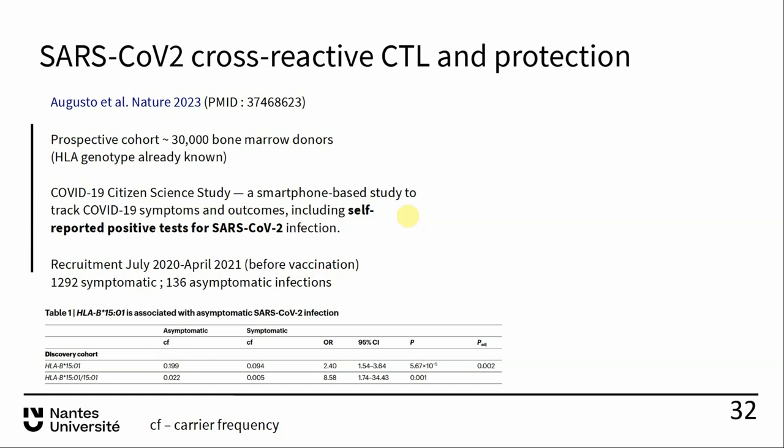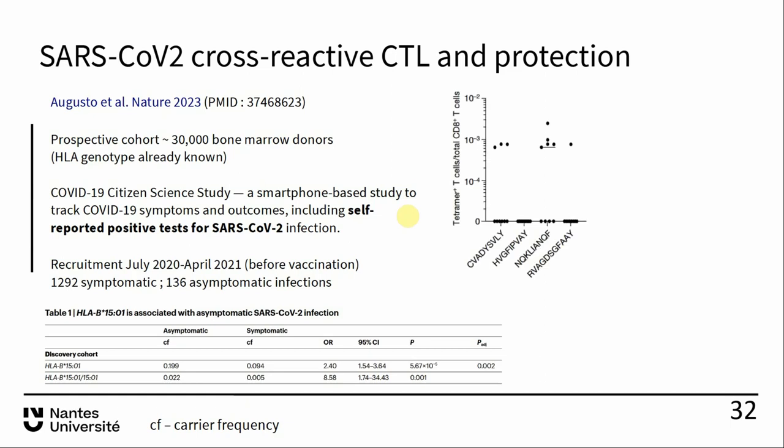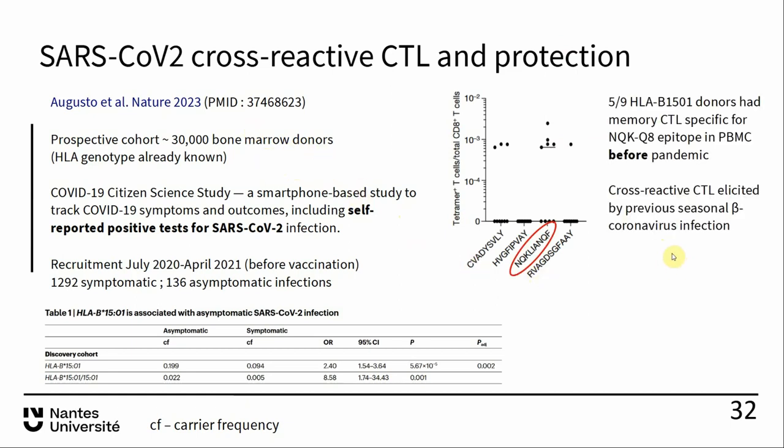And what they wanted to know was whether these people, they weren't patients, they weren't ill, whether the people with an asymptomatic infection had some kind of CTL response against the epitope before they had actually encountered the virus. So they got PBMC samples from this cohort because they're all bone marrow donors. They maybe had some frozen PBMC.